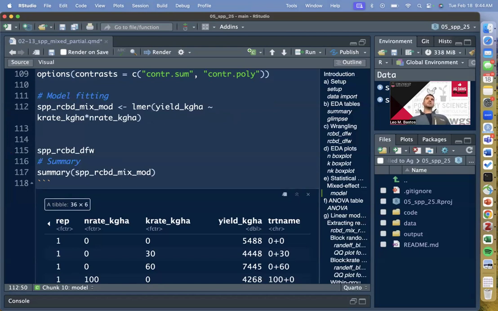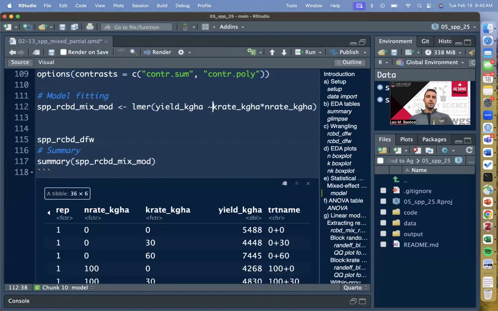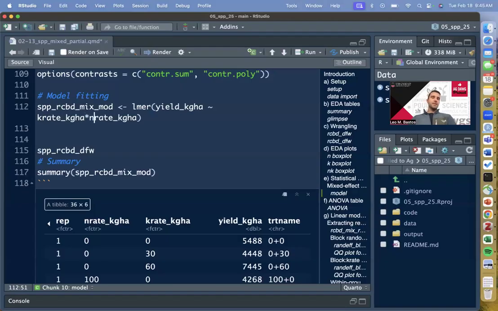So this is a syntax difference that you need to be aware of as well. So remember this part. Okay, so this basically sets up our fixed effect part of our model. Now I want to specify the random effect part of our model. So we had a plus there.